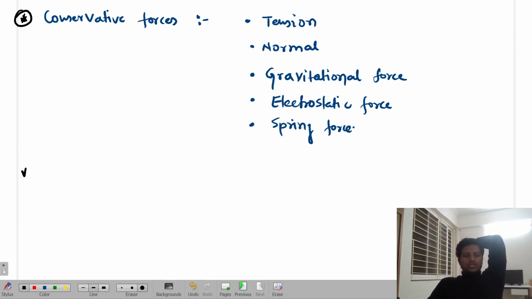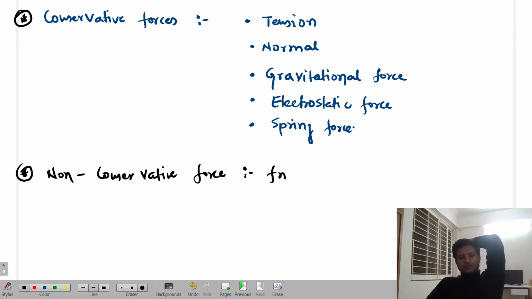Now, the next ones are non-conservative forces. Which kind of forces? Basically, the first example that comes to mind is frictional force. Second one is called viscous force.